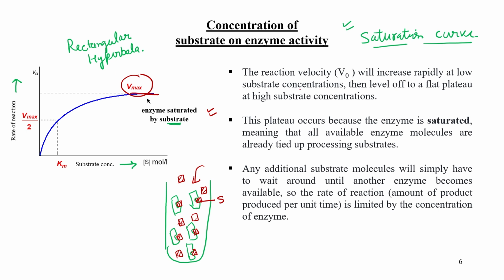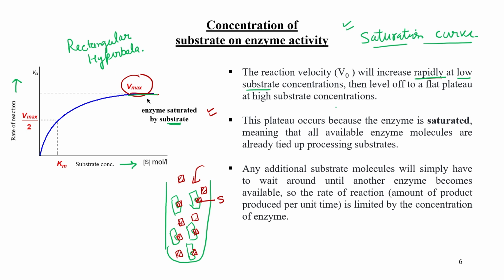So I'm going to read these points first for you. The reaction velocity, or V0, which we have taken on the y-axis, will increase rapidly at low substrate concentration, as you can see at this point, and then level off to a flat plateau at higher substrate concentration.